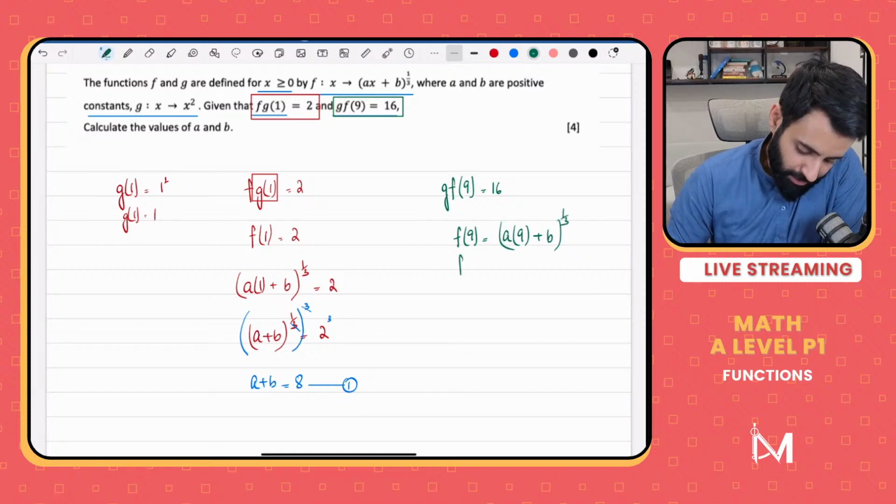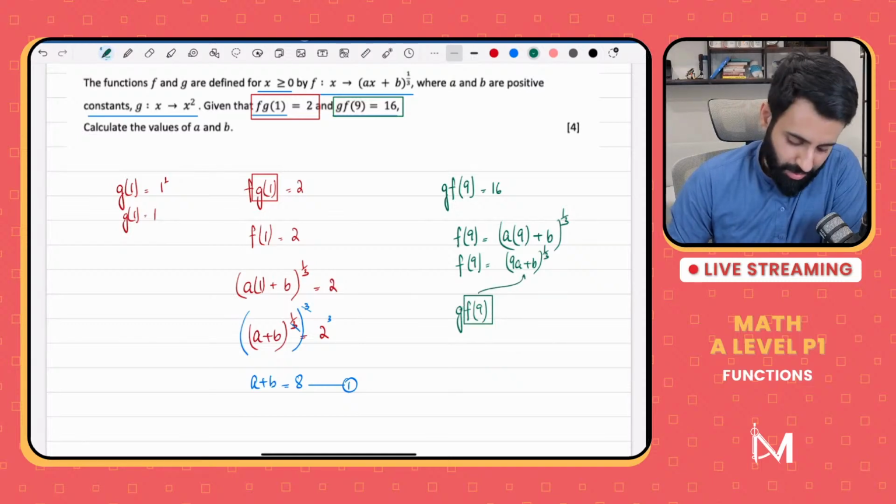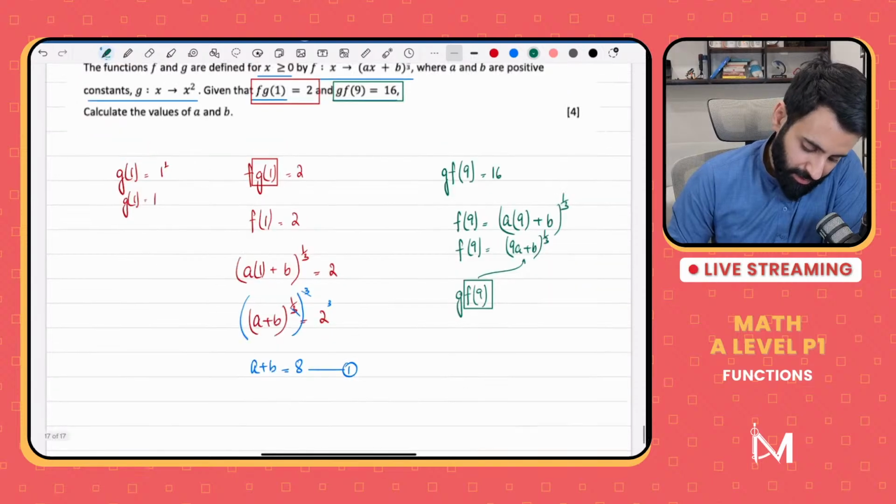That means f of 9 equals (9a plus b) raised to the power 1 upon 3. Now, g of f of 9 means I can replace f of 9 with this, (9a plus b) raised to the power 1 upon 3, and plug that into function g.